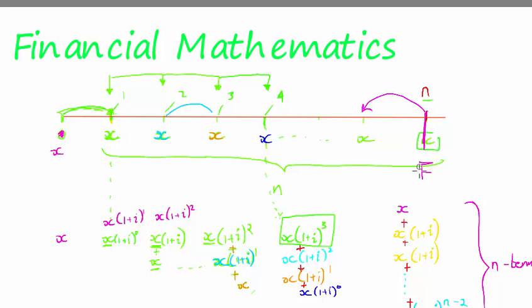Now, what you could do is see, if that's the case, what if I didn't want to invest an amount X every year? I just want to invest one amount right now, in the beginning, and you are going to invest every month.